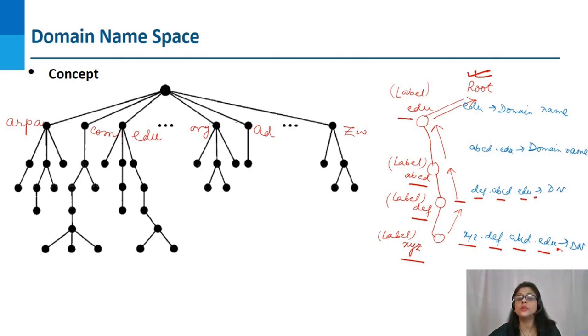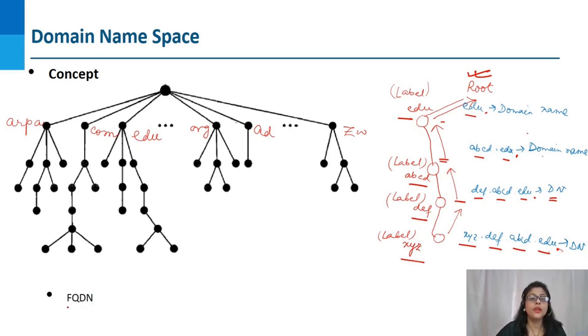This dot is important because dot means it goes up to the root level and dot has a null string. So this is again a domain name. At this level we can have the domain name as abcd.edu. At this level we have edu. So like this, the domain names can be written in the form of levels.